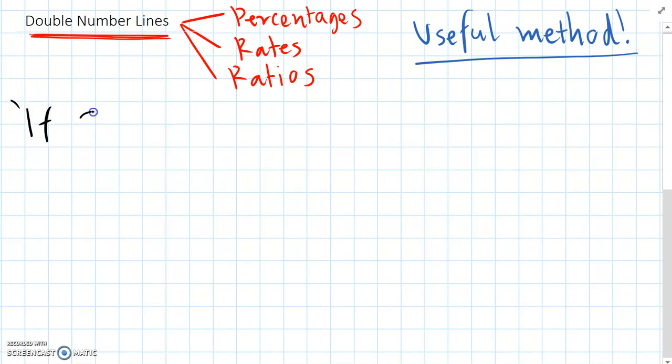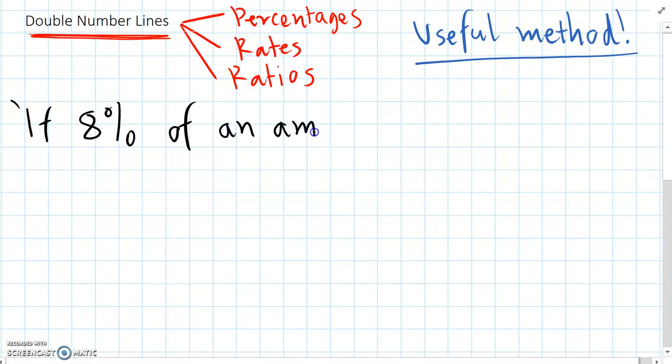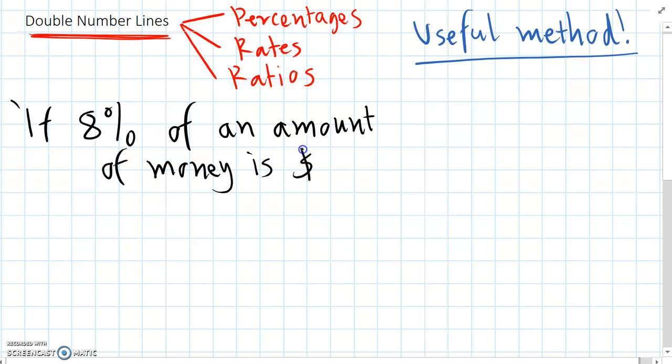If we have 8% of some money, so 8% of an amount of money is $48, then what's the full amount of money?